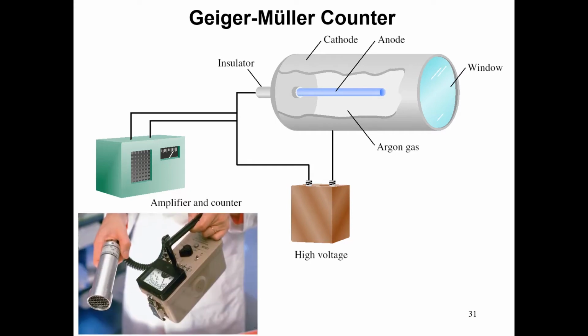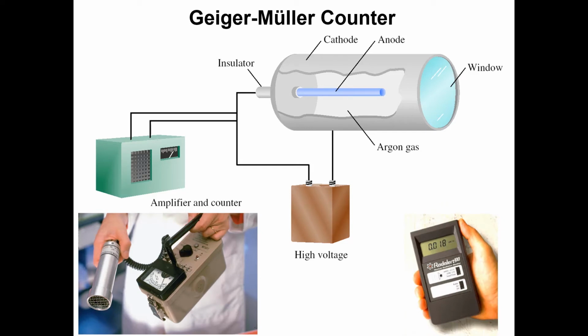The one you're probably more familiar with is this one, where the tube carried in the hand is the one you point towards the source of radioactivity, and you can see there an analog display of the radioactivity. Nowadays we have some handheld pocket-sized devices that do the same thing.